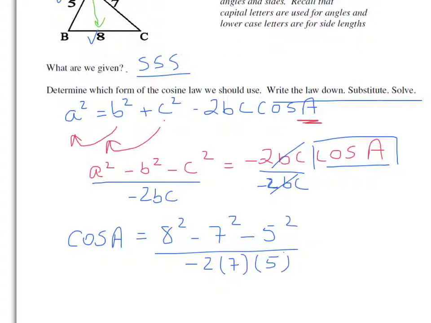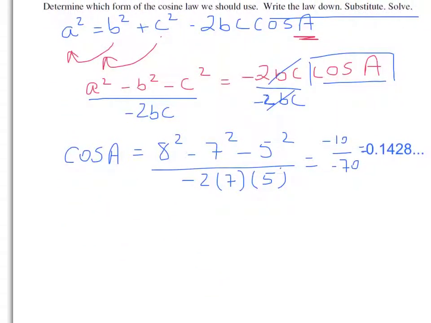And if you do that on your calculator, you'll end up with negative 10 over negative 70, or 0.1428.